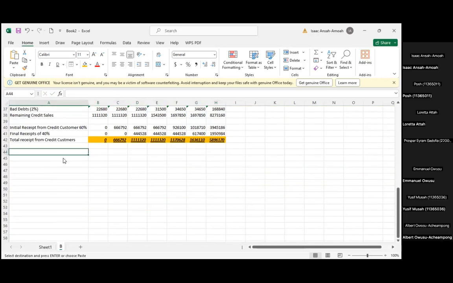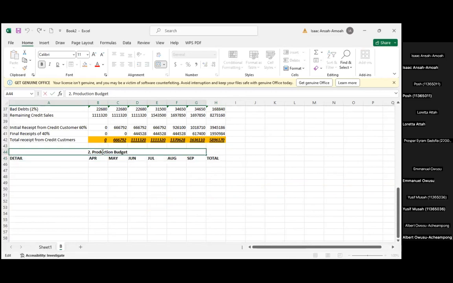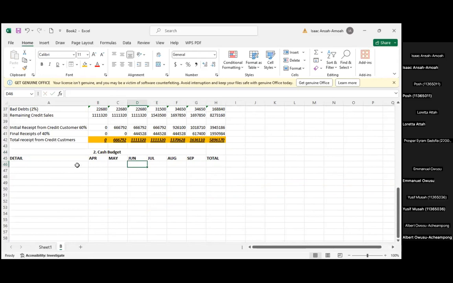Okay. So we are doing the cash budget. The cash budget has two key compositions: receipts, and then payment.